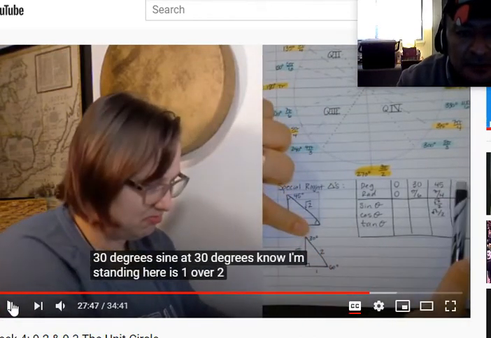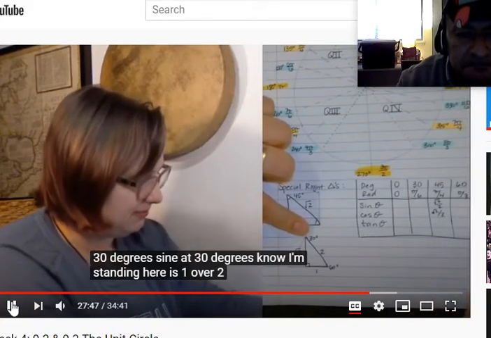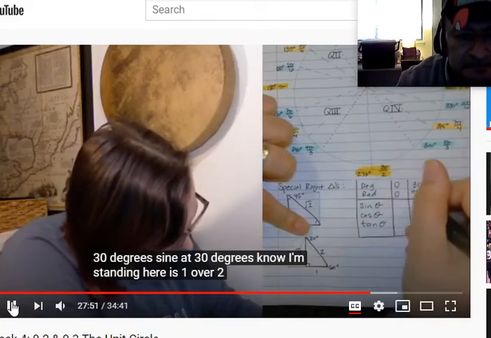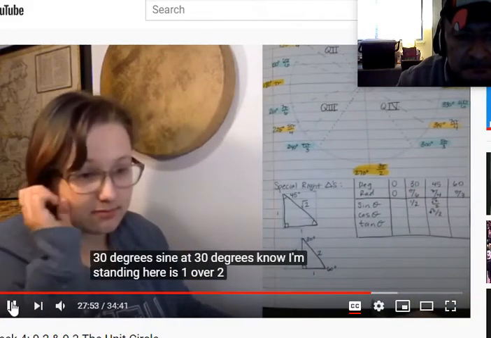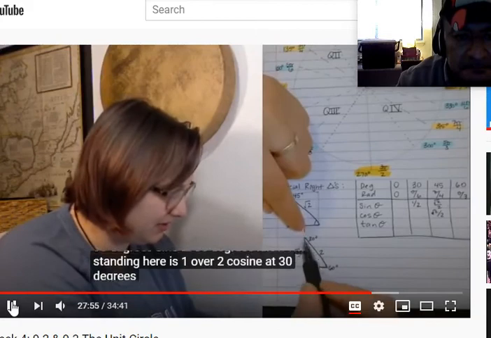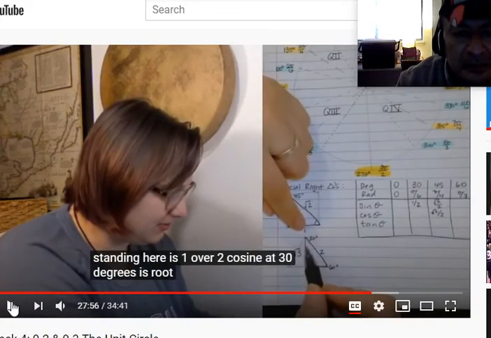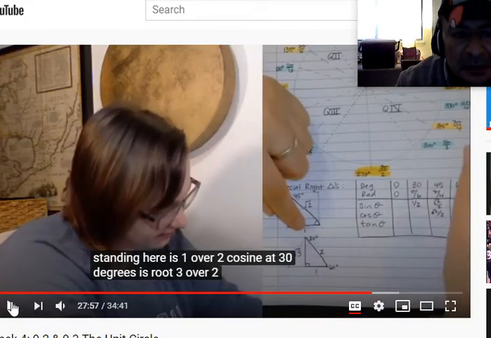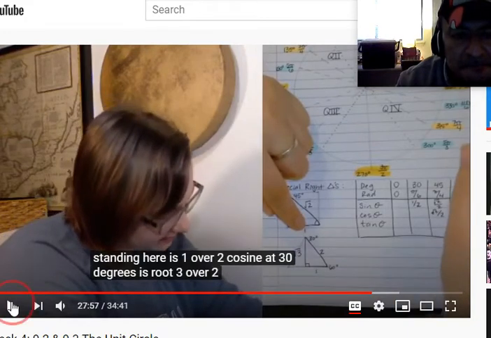Easy. Cosine at 30 degrees is root 3 over 2.